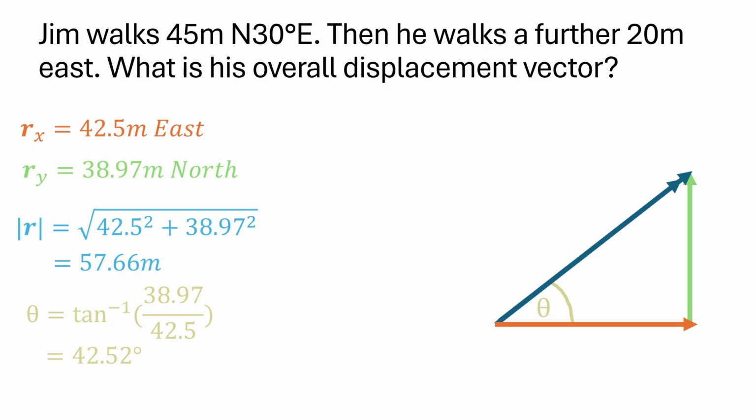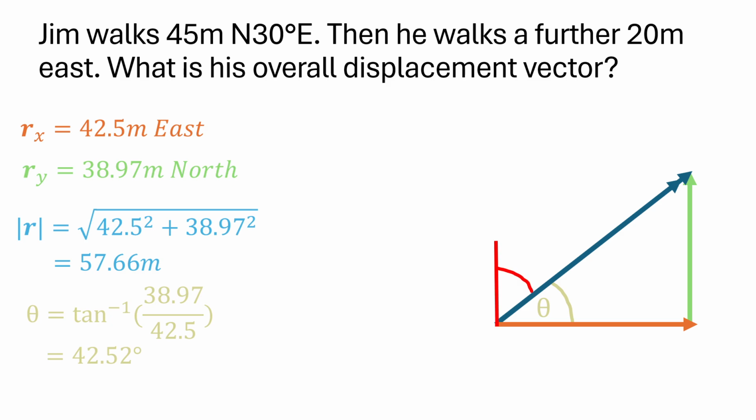In the question, we were given it in the form of north something degrees east. So in response, we should give it in a similar form, not just the angle of 42.52 degrees. So we'll go north and whatever angle to the east or to the west. That is the form that we are looking for.